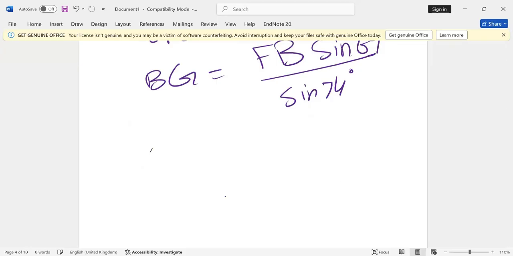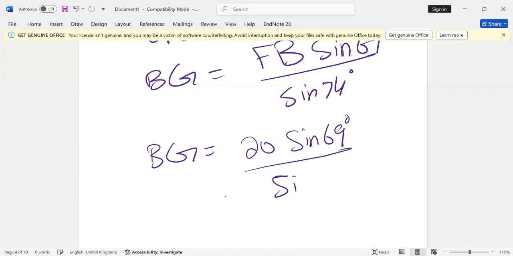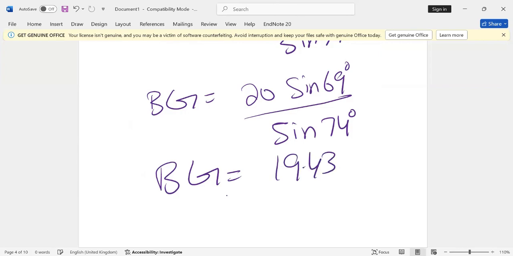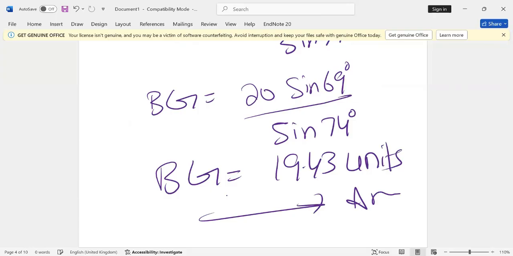So we have BG equals 20 sine 69 degrees divided by sine 74 degrees. So after solving this, we have BG equals 19.43 units. Okay, that is the required answer we have to find out in this question.